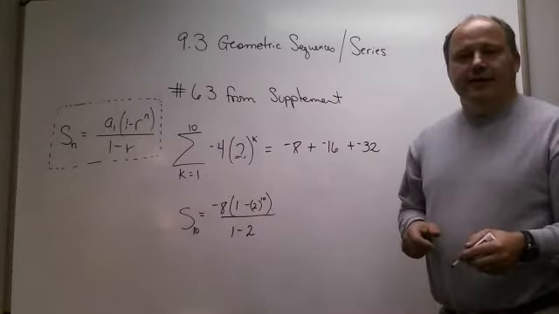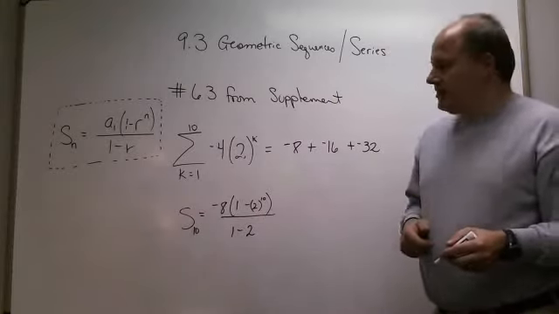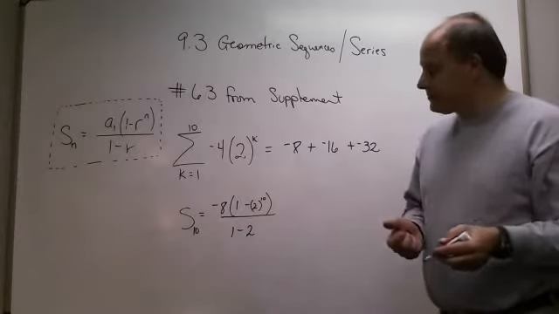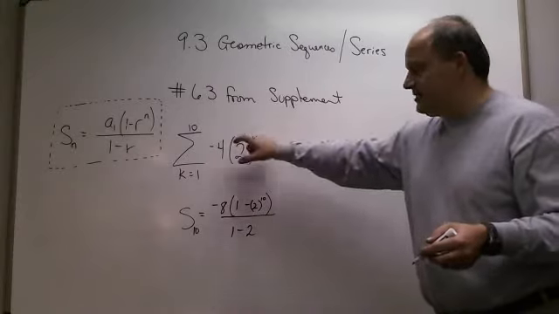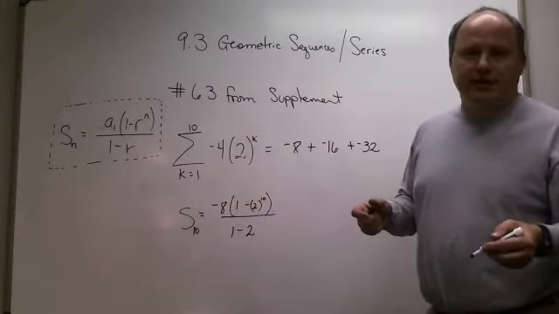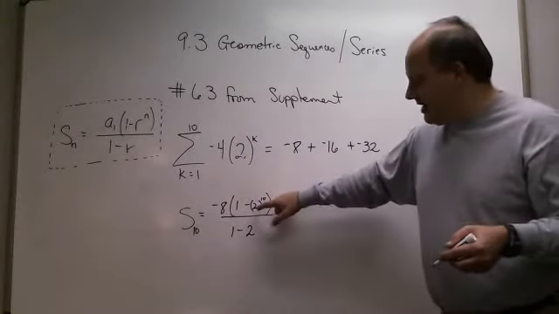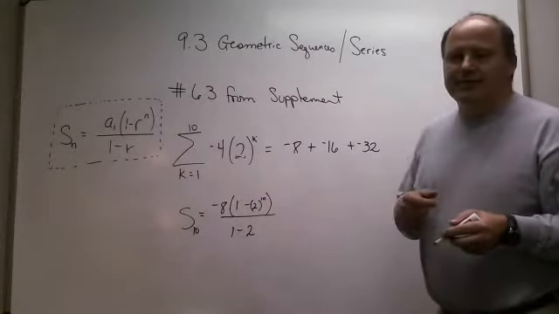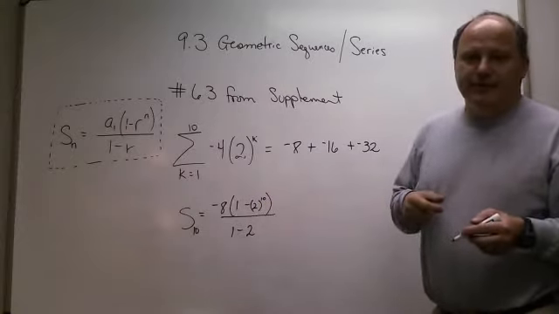Now it's just doing a calculation. Some people will choose to use a calculator at this point, which is fine. The only problem is sometimes these situations have fractional r's, like 1/2, and using a calculator when that's 1/2 is a little bit more trouble. But in this case, it's not so bad. You could probably just go ahead and do the rest of it with a calculator.